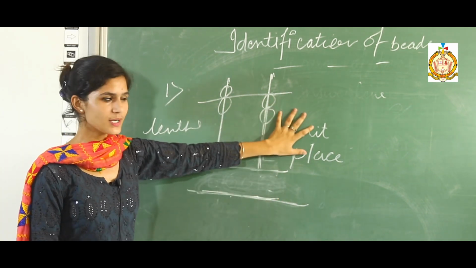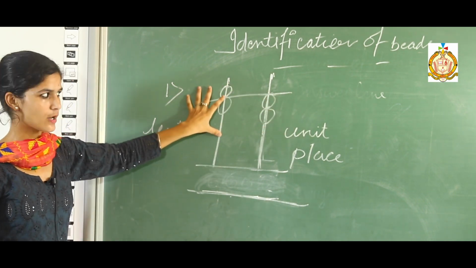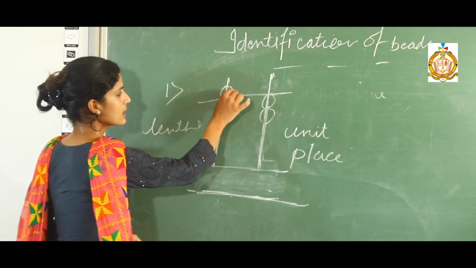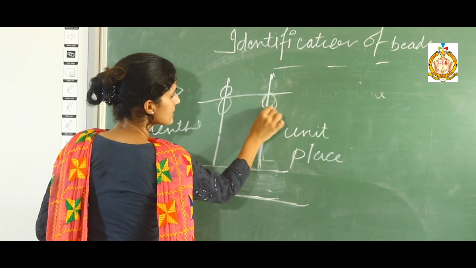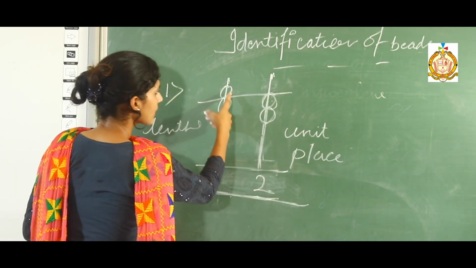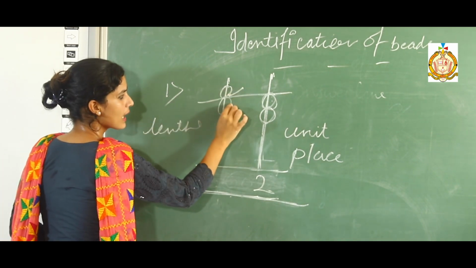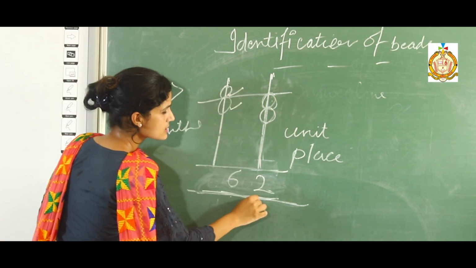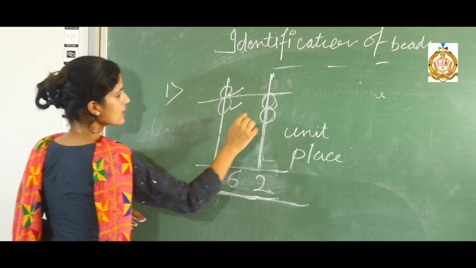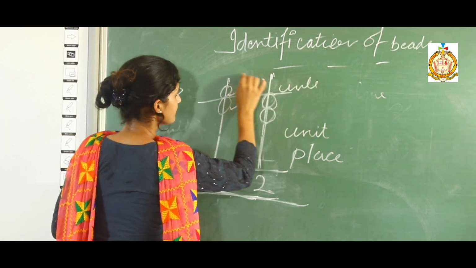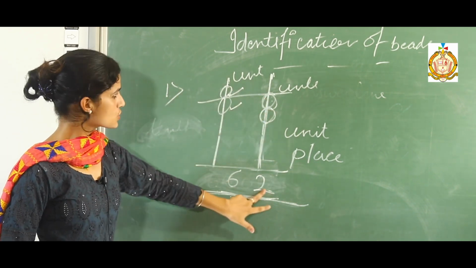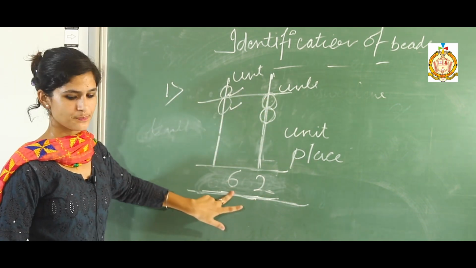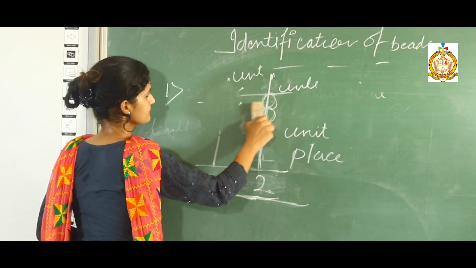It indicates the unit place value, it indicates the tens place value. But when we are adding, then simply count the beads. First bead, then second bead. Write 2 and count this one. 5 and 1 is 6. 62. Means always indicates that these all are having unit places. 1 plus 1, 2. 5 plus 1 is 6. Another sum is there.